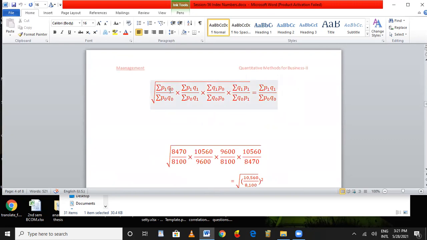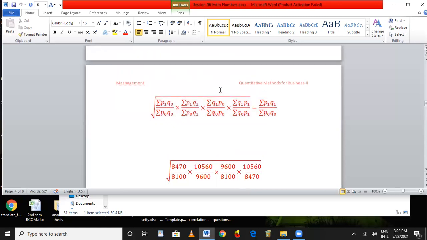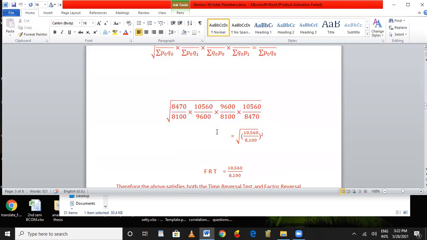Instead of P1 you take Q1, instead of Q0 you take P0. In place of P you have taken Q, and in place of Q you have taken P. We have to get sigma P1 Q1 divided by sigma P0 Q0.